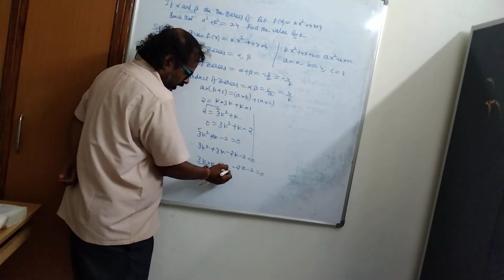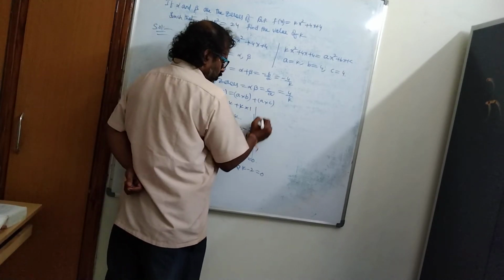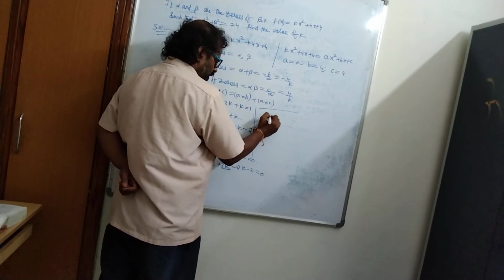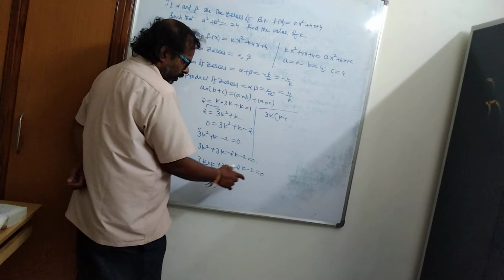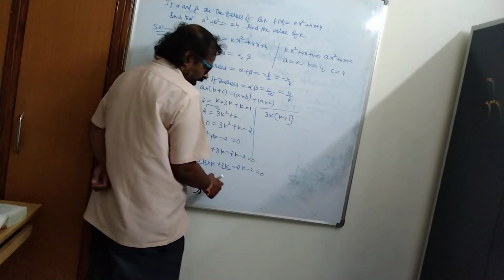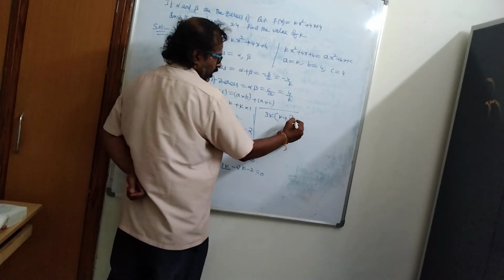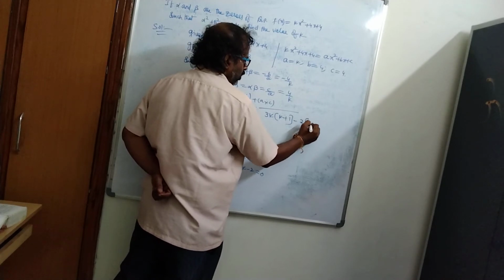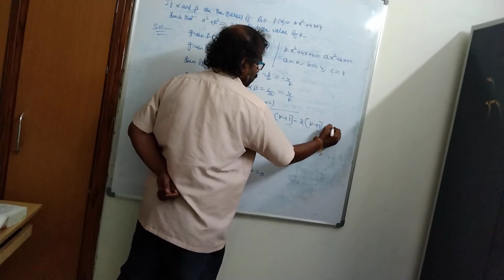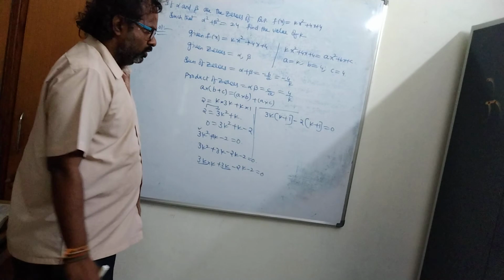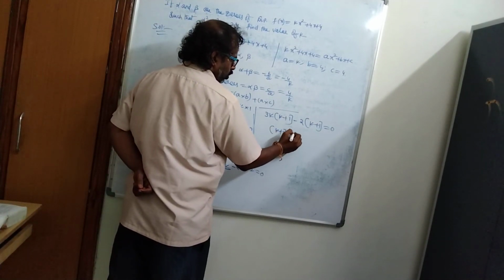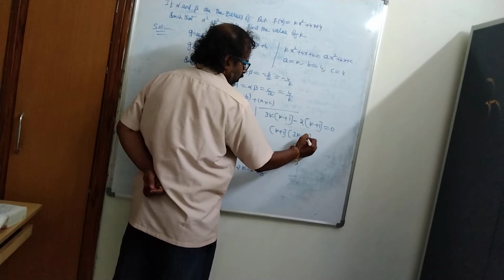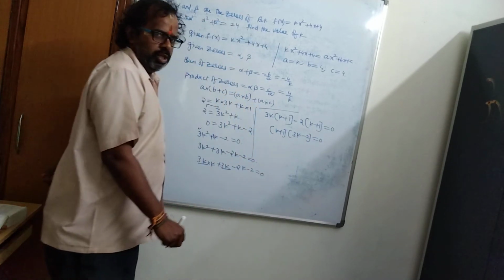So take 3k and 3k common. So what do we get here? 3k into k plus, here the leftover one will be 1, and from these two we can take minus 2 common. So we get k plus 1 is equals to 0. So here k plus 1 into 3k minus 2 is equals to 0.